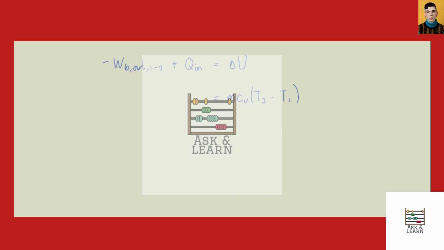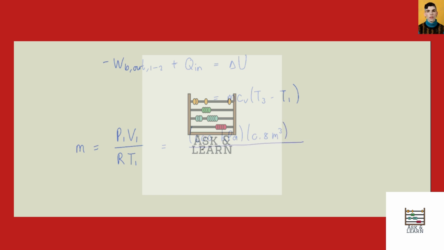Now, to use this equation, we first need to find the mass of air. The mass of air, m, we get from the ideal gas relation P1 V1 over R T1. And these values are all known, so we can substitute them in. So the initial pressure is 600 kilopascals. The initial volume is 0.8 cubic meters.